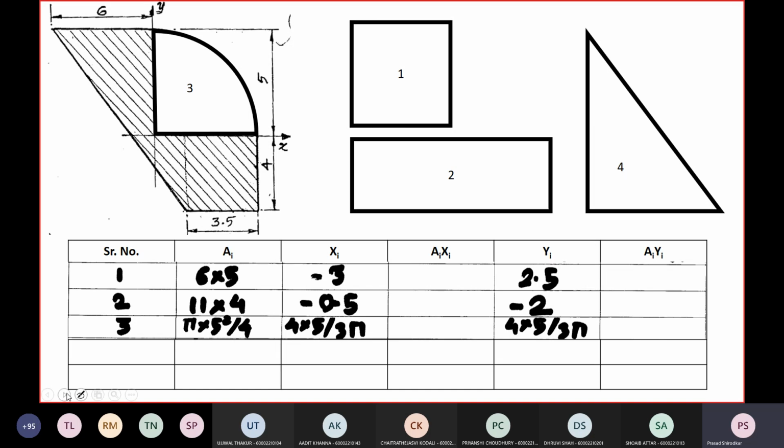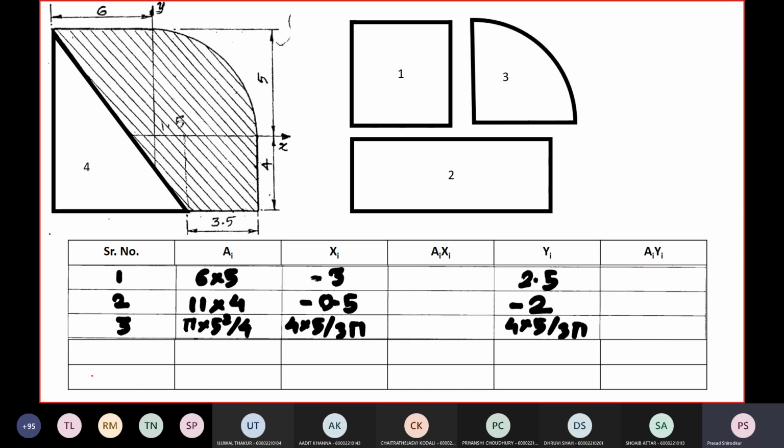Last one, that is the triangle. So fourth one, triangle. So what is the height? Height is this total height, that is 9. And base is, this total distance is 6 plus 5, 11.